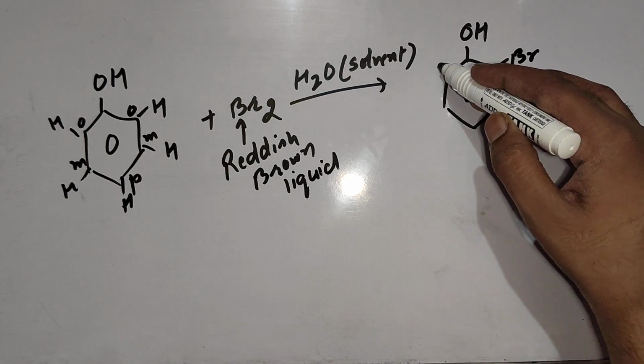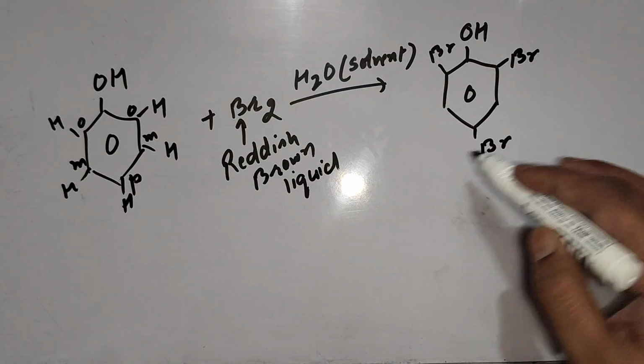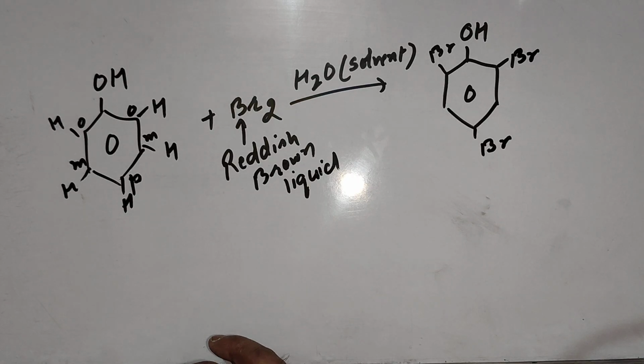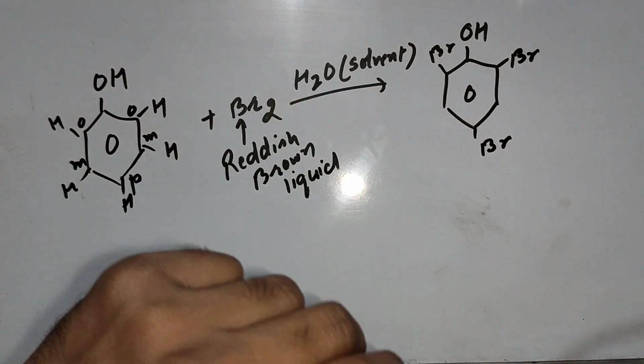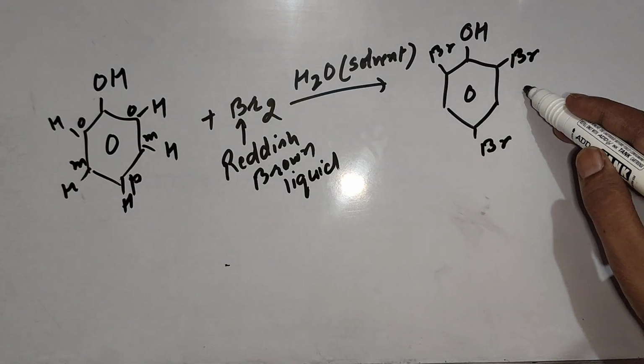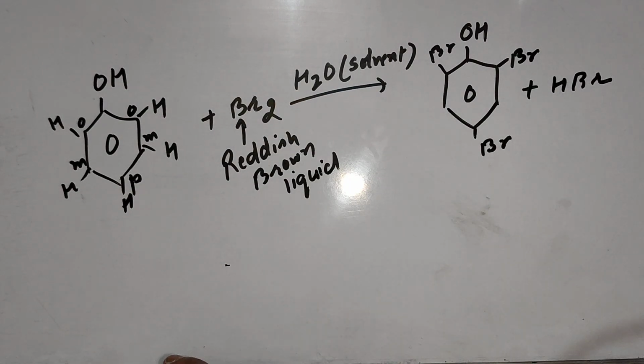Two ortho positions and one para position. Means tri-substitution will happen. Three hydrogens will be substituted by bromine. Side product will be HBr. I will balance the equation when I solve the mechanism.